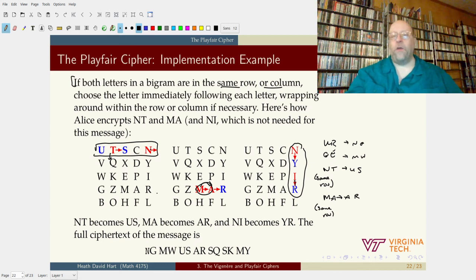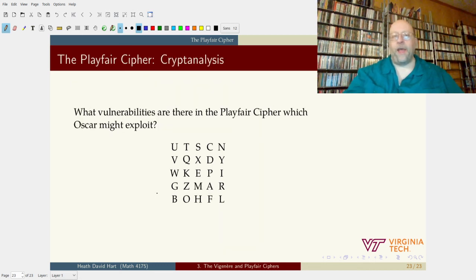And so if somebody did not have access to the key, Oscar is receiving the message, is observing the message, and wants to break the code but doesn't know this pattern. Is there some vulnerability that Oscar might be able to exploit? Be thinking about that. We will look at that later on this week.